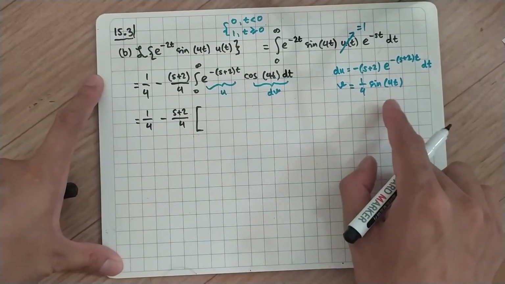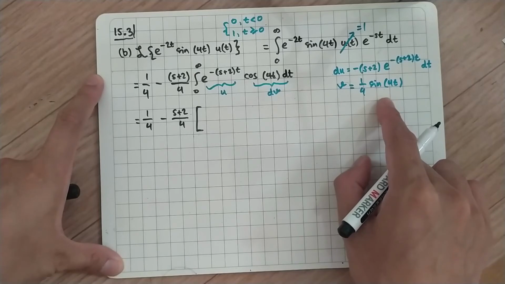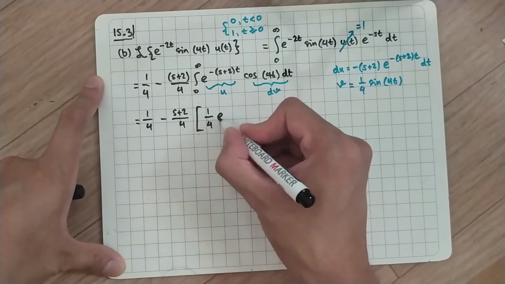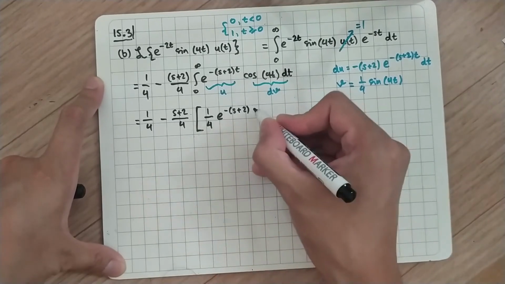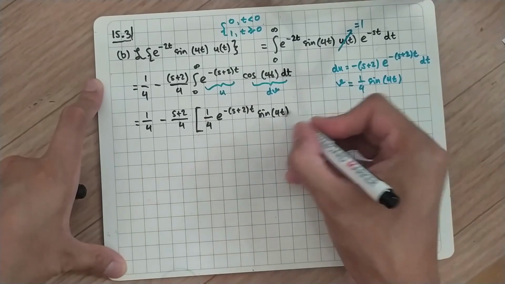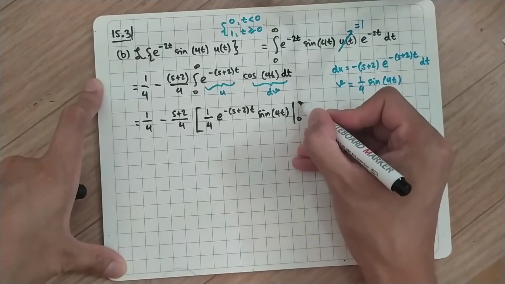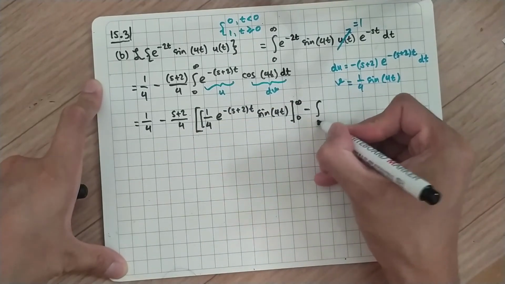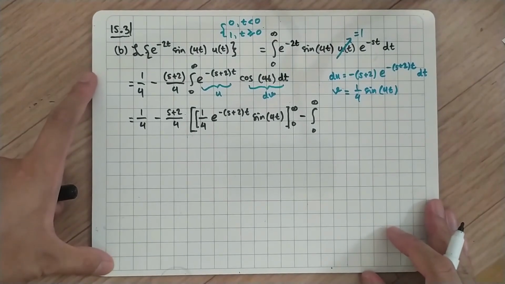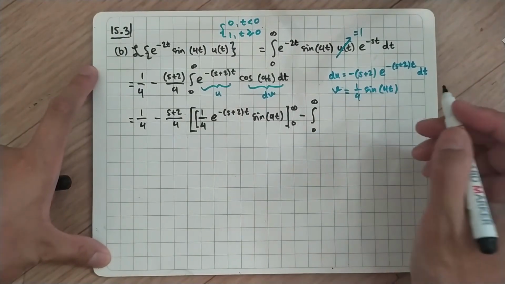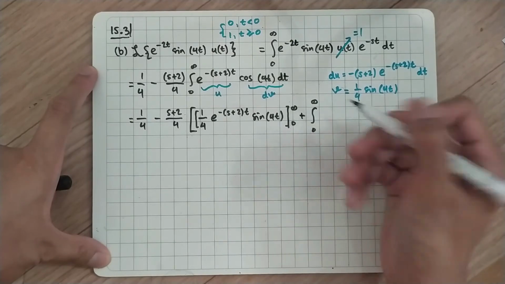Then uv is 1/4 e to the minus (s plus 2)t sine 4t, evaluated from 0 to infinity, minus the integral from 0 to infinity of v du. v du is this, so I will have minus minus, so a plus sign here.